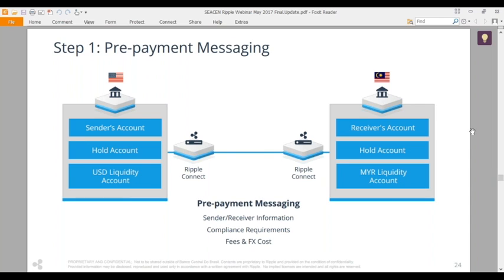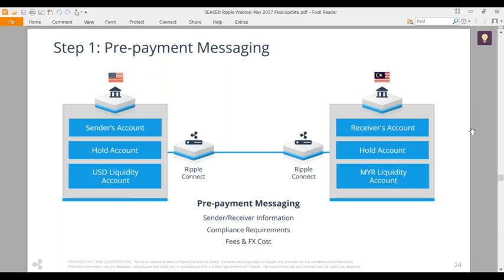So step one in this payment is the same process of messaging that you would see in other institutions or other platforms. You have a prepayment message. So Ripple, with that bidirectional messaging platform, that two-way conversation between banks, will exchange sender and receiver information. Banks will use that to enable their compliance requirements.